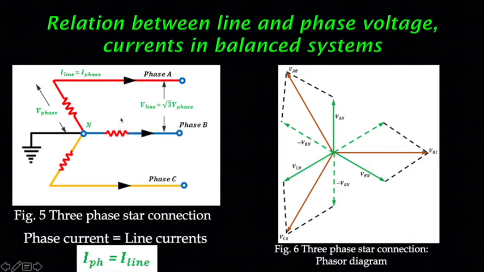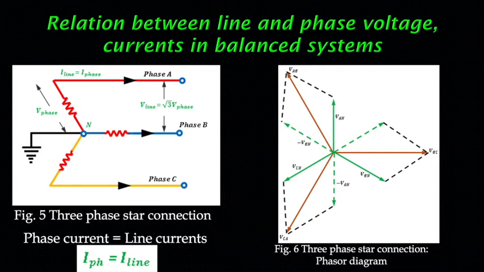The current in the neutral wire is IN, and by applying Kirchhoff's current law at the star point we get IN equal to minus IA minus IB minus IC.